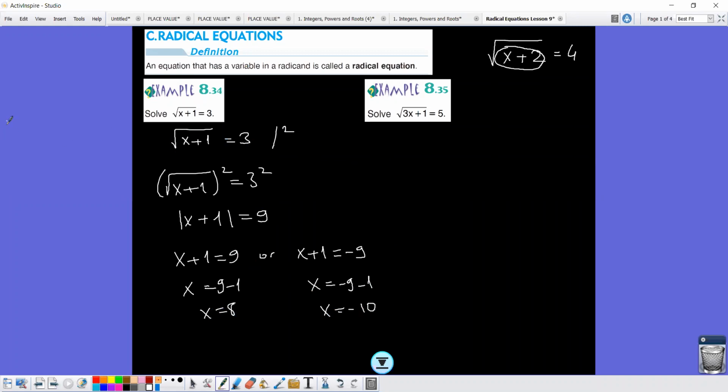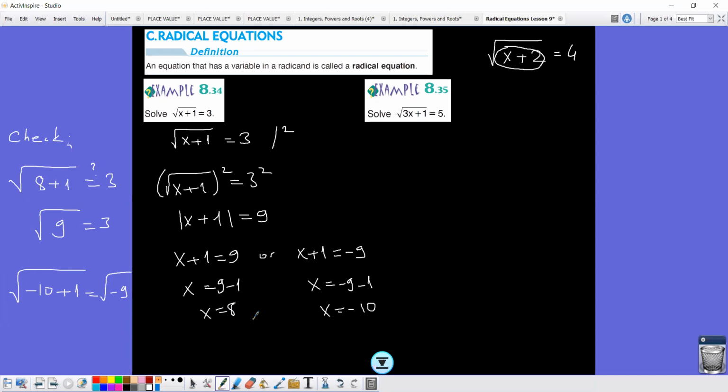Let's check if we found the correct solutions. When I write 8 instead of x in the equation, we have the square root of 8 plus 1. Is it equal to 3? I'm checking: the square root of 9, which is 3. But when I write minus 10 instead of x, what will I get? Minus 10 plus 1, and I will get the square root of minus 9.